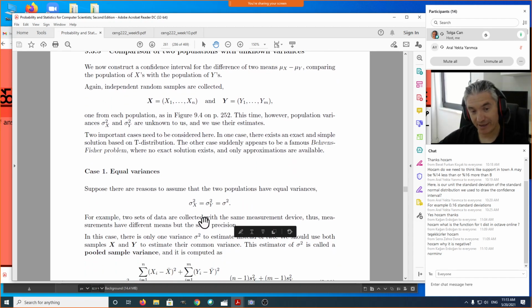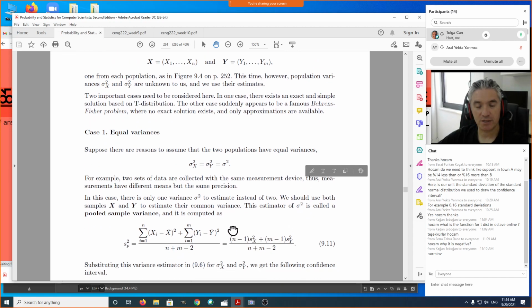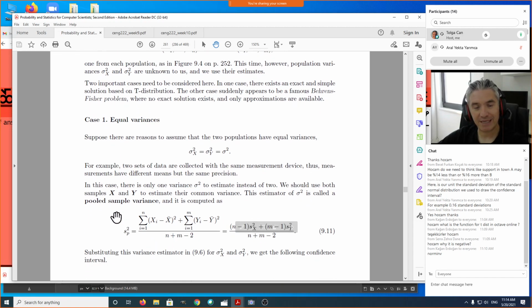Assuming equal variances for the two populations, although we don't know what they are, if we assume they have equal variances, we can just use a standard t-test where we use the pooled sample variance. We put everything together as if it's a single population because they have the same variance, and we compute the pooled sample variance from that.